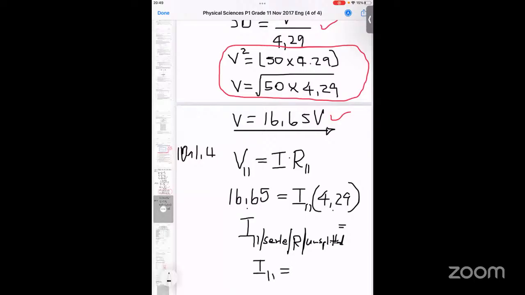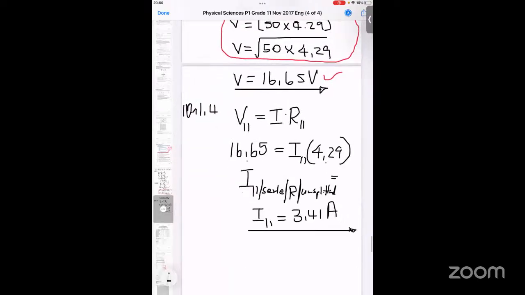I equals 3.41 amperes, which is what the honorable member got there. So this is it, honorable members. I hope you guys did understand how to work it out. Otherwise, if not, you will let me know.